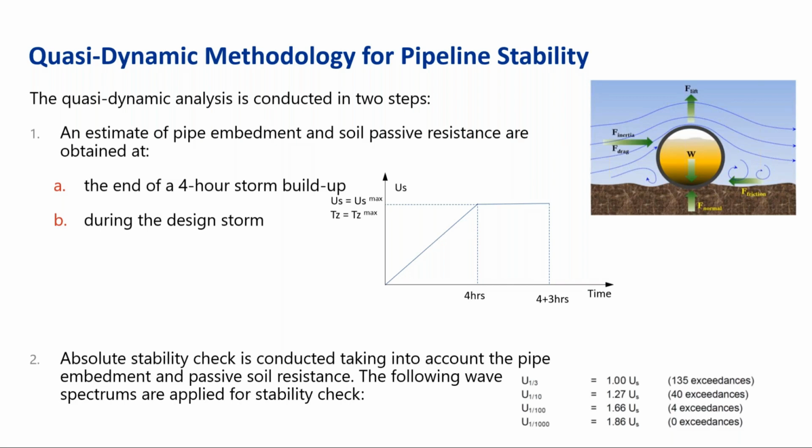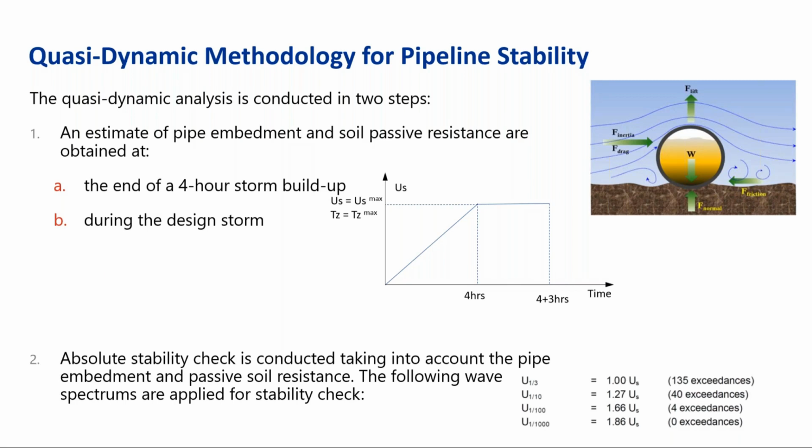This estimate is done at the end of the 4-hour storm buildup and during the design storm, at these two points. Imagine the sea starts becoming rough and then there is a storm; the significant wave height starts going up and is predicted to be fully developed after 4 hours, such that the significant velocity at the bottom reaches its steady state.